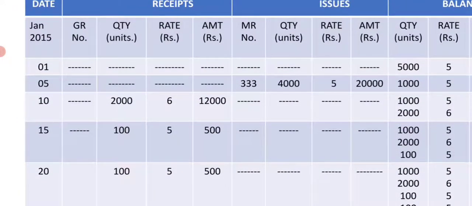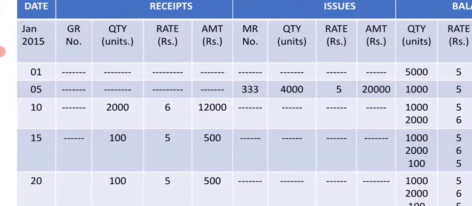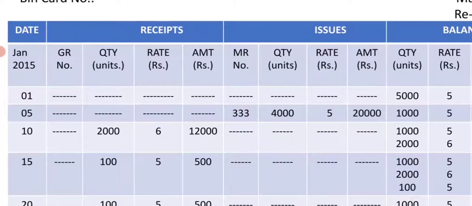The next transaction is on 10th January 2015, purchased 2000 units at rupees 6 per unit. These purchases we should write down in the receipts column. The quantity is 2000 units. There is no information about the GR number. So 2000 units is the quantity purchased at the rate of 6, so 2000 into 6 is 12,000 rupees.